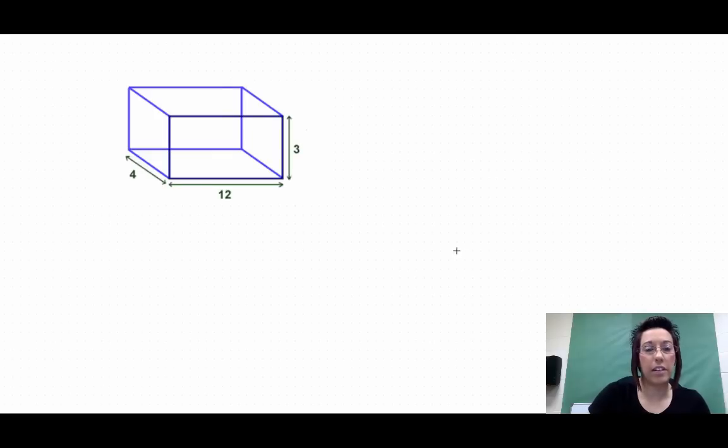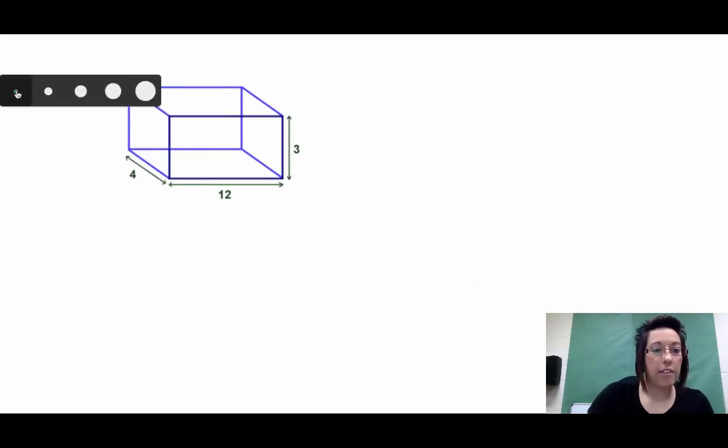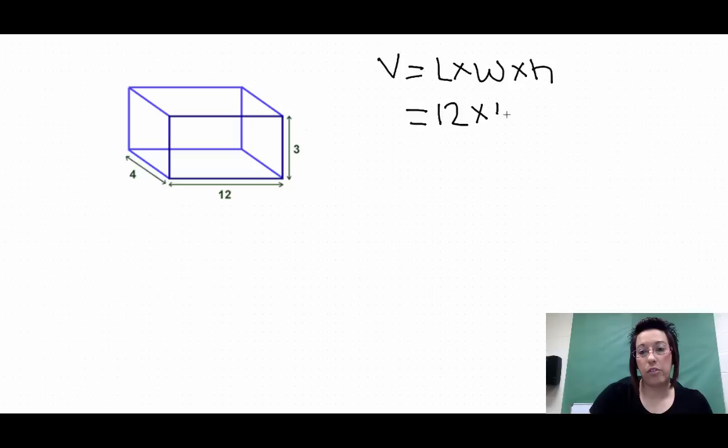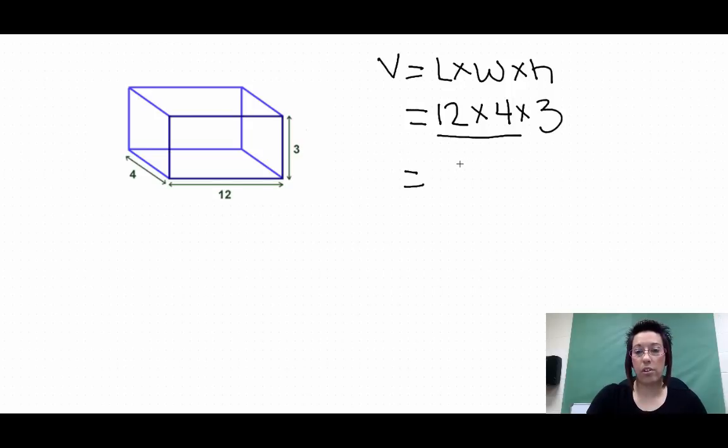So let's look at another example here. As always, I'm going to go ahead and put my volume formula up. Length times width times height. Okay, so equals 12 times 4 is my width times 3 is my height equals 12 times 4, well, 12, 24, 36, 48.